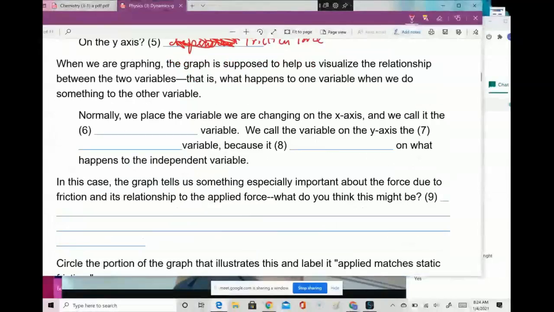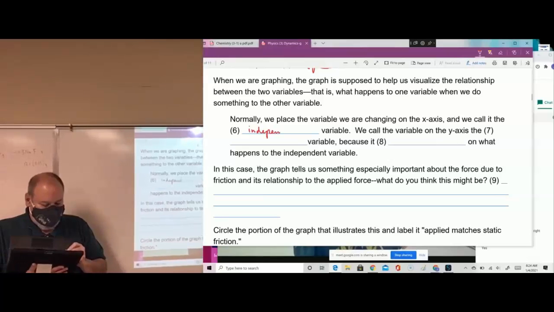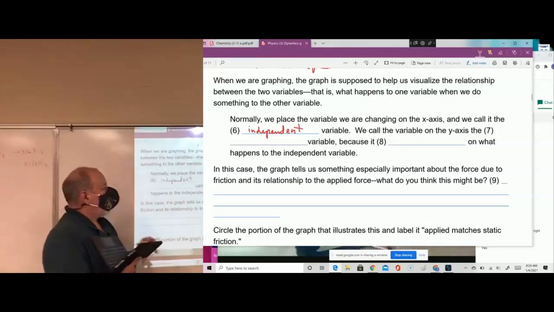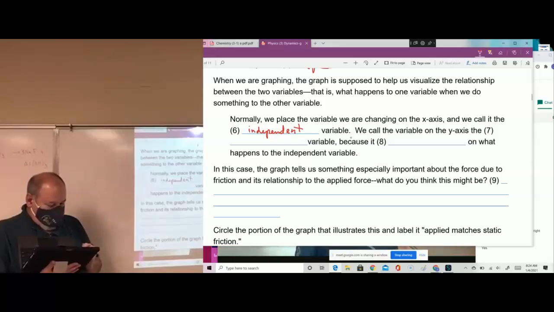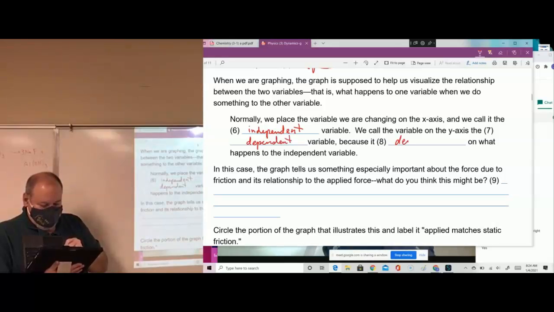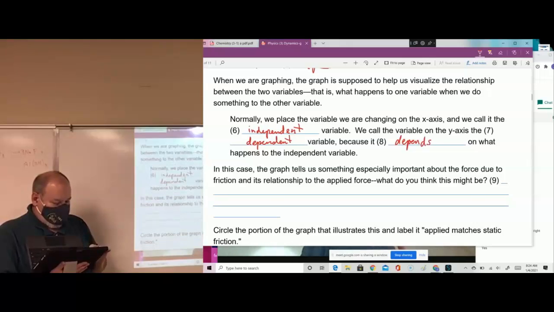Now, normally we place the variable we're changing on the x-axis, and we call that the what variable? The independent variable, right? That's the independent variable because it doesn't depend on anything. We're changing it. And then we call the variable on the y-axis the dependent variable because it depends on what happens to the independent variable.